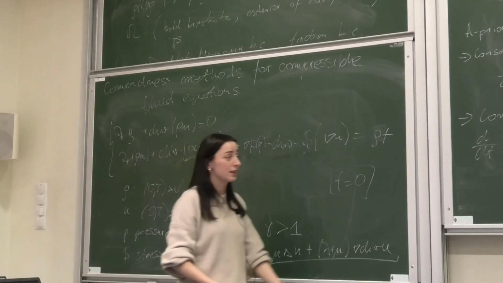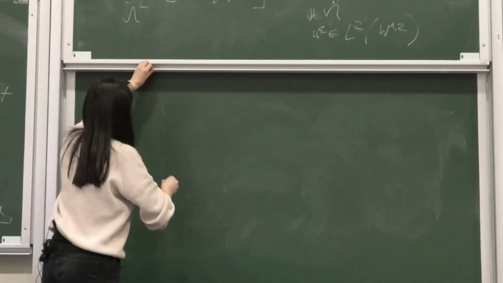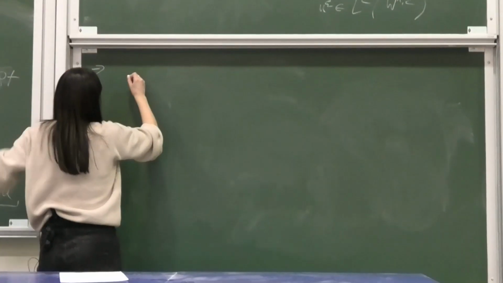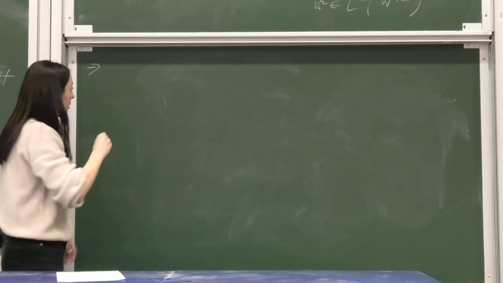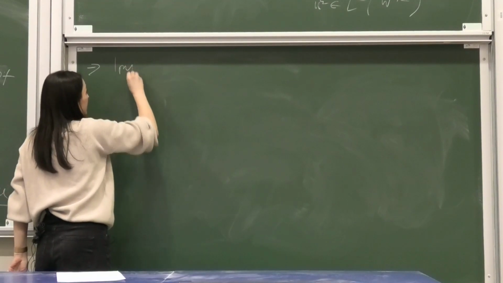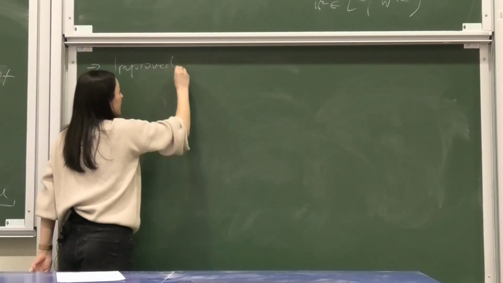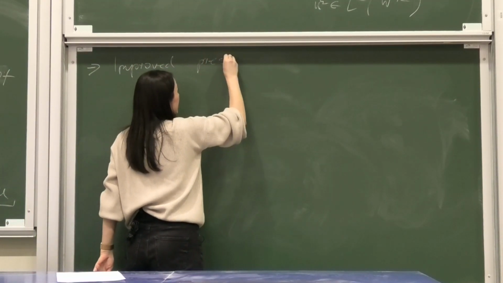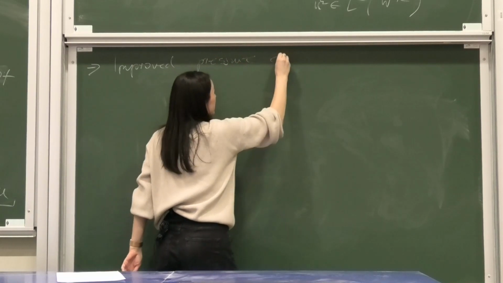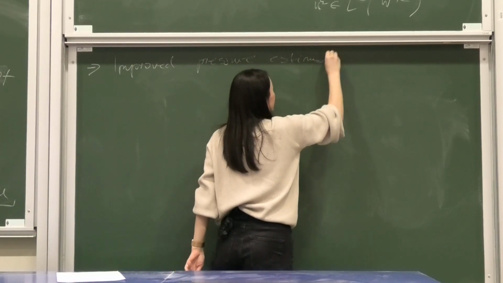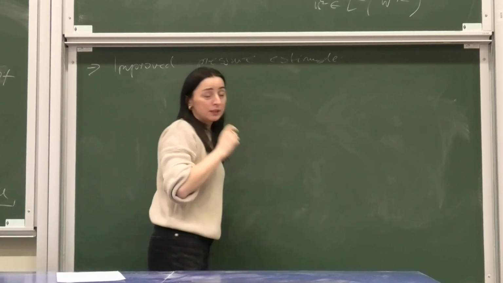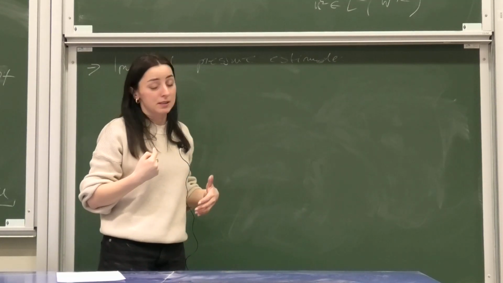So there is a third a priori estimate, which I'll call the improved pressure estimate, because you can do it in a couple of ways.